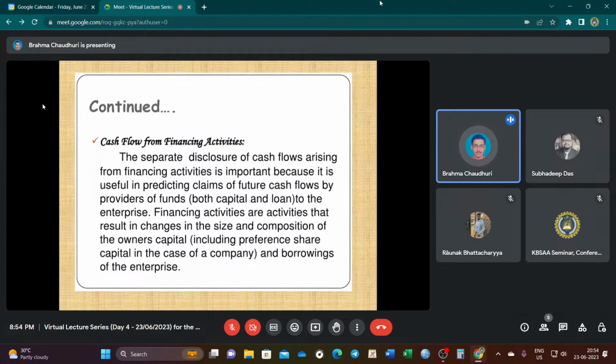Separate disclosure of cash flows arising from financing activities is important because it is useful in predicting claims of future cash flows by providers of funds, both capital and loan, to the enterprise. Financing activities are activities that result in changes in the size and composition of the owner's capital, including preference share capital in the case of a company, and borrowings of the enterprise.